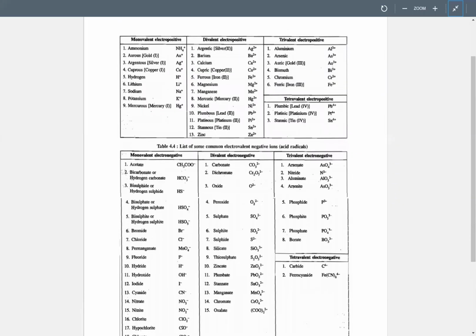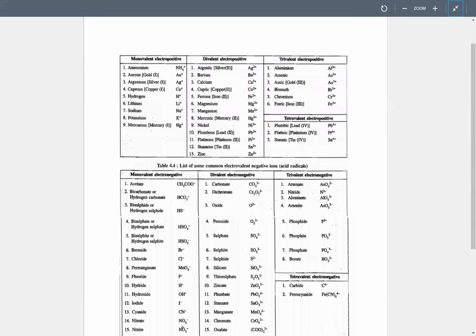If we look for aluminum, you'll see that aluminum is over there in what's called trivalent electropositive, which just means +3. It's very old terms. This one's very old, but it was the one that had a lot of ions on it. Sometimes they just kind of leave things off.